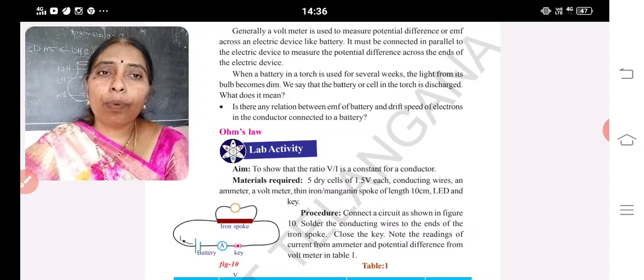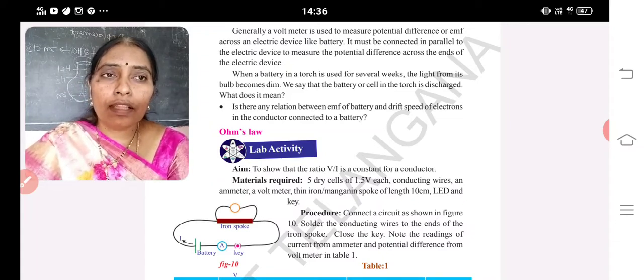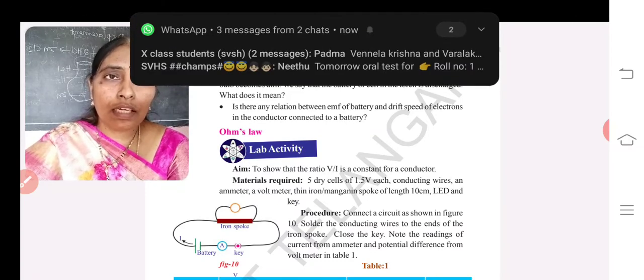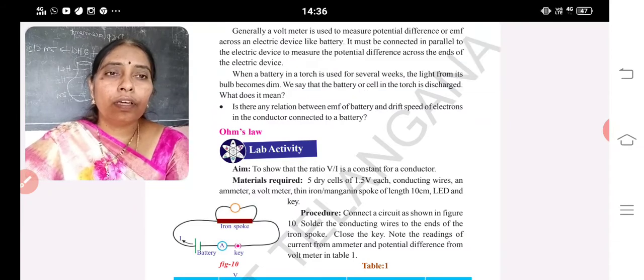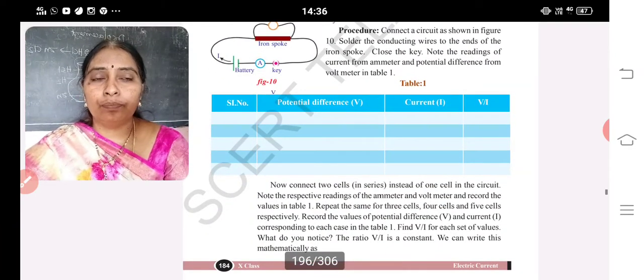Procedure: by seeing the diagram you can connect a circuit as shown in the figure. Solder the connecting wires to the ends of an iron fork. Close the key and note the readings of the current from the ammeter and the potential difference from the voltmeter in table 1.